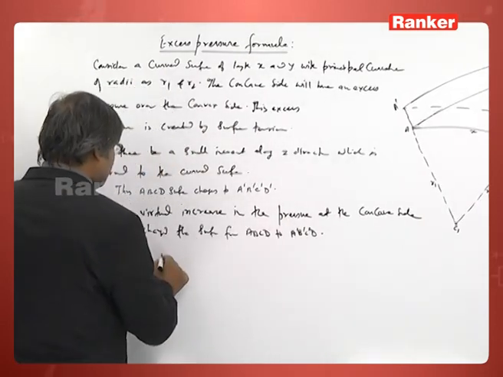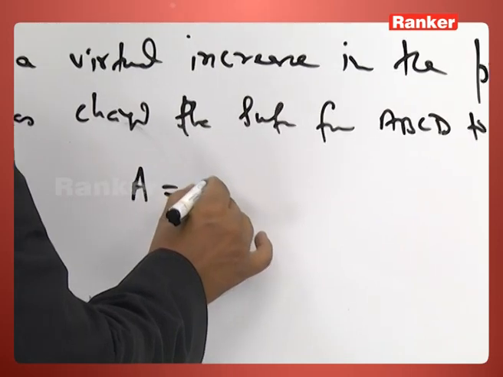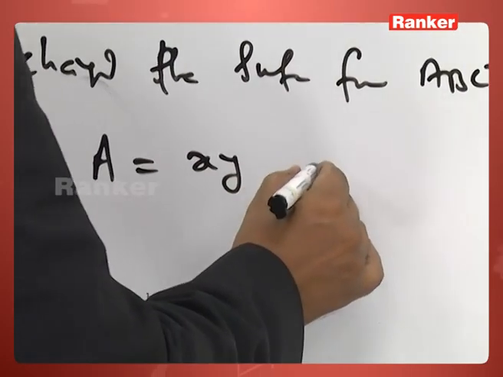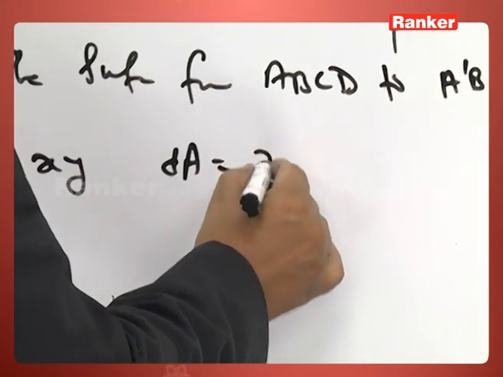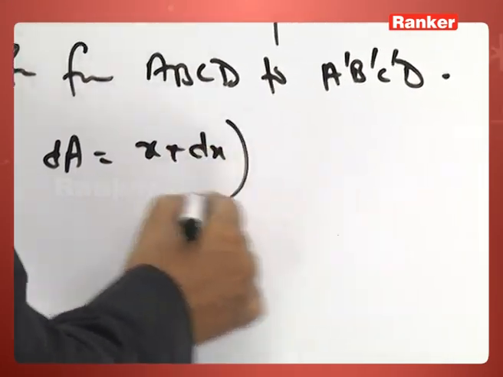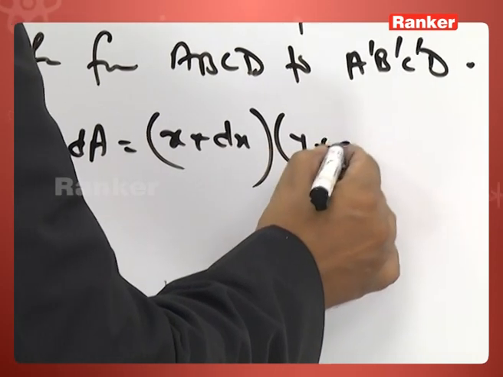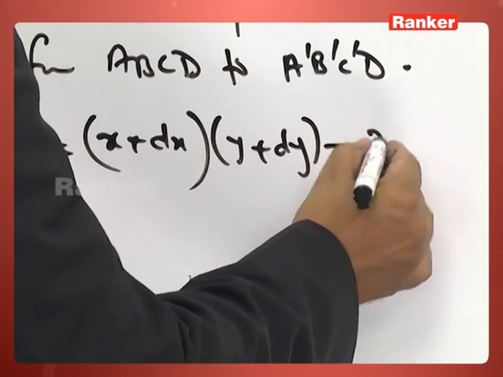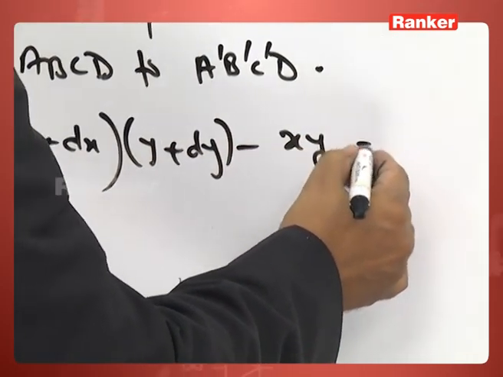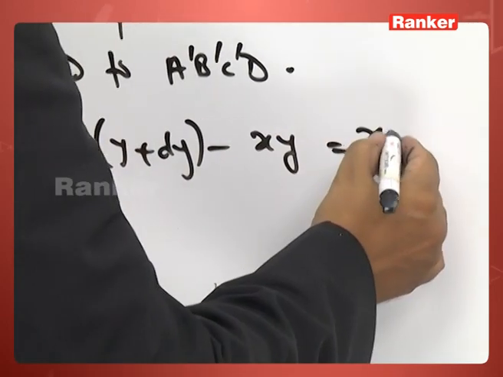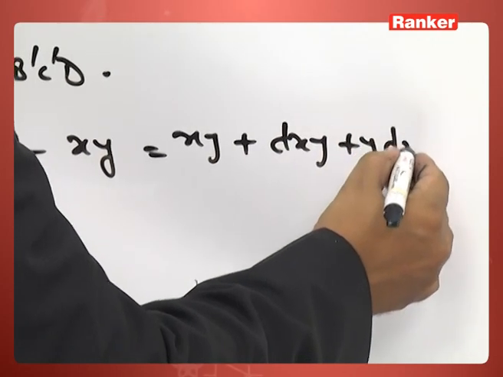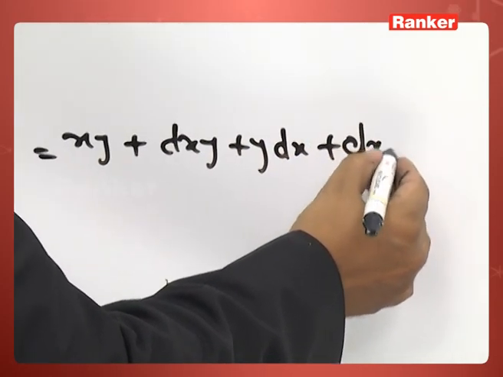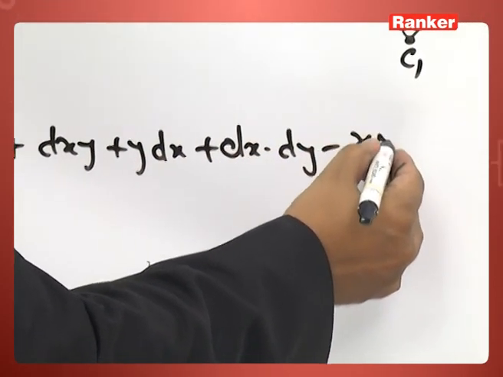Initially the area was xy, and the change in area now becomes (x plus dx) into (y plus dy) minus xy. This is xy plus x dy plus y dx plus dx dy minus xy.